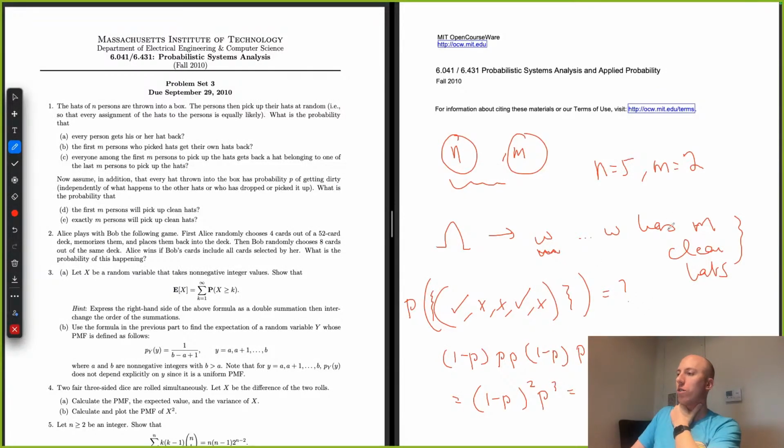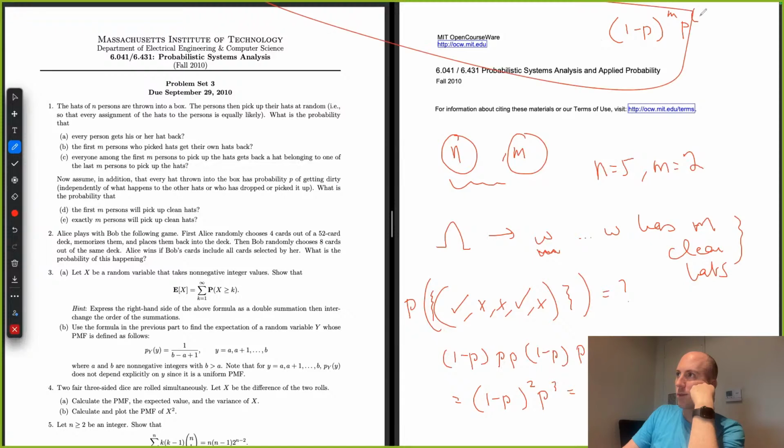But if we want all the omegas which have M clean hats, we just multiply this by the cardinality of D. How many ways are there to choose M clean hats from N things?